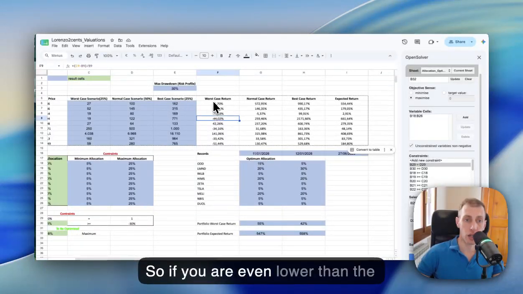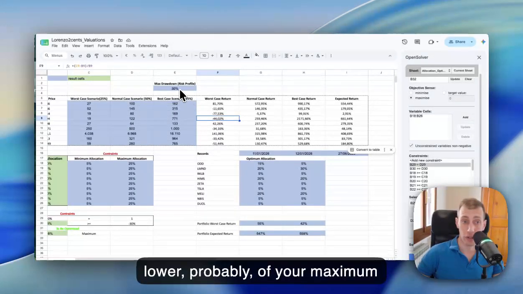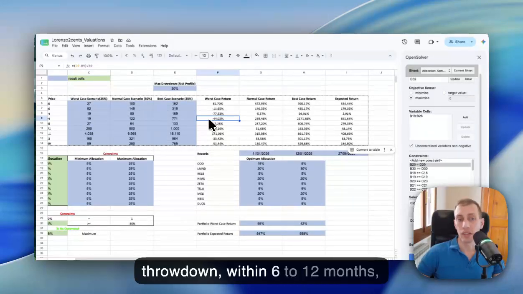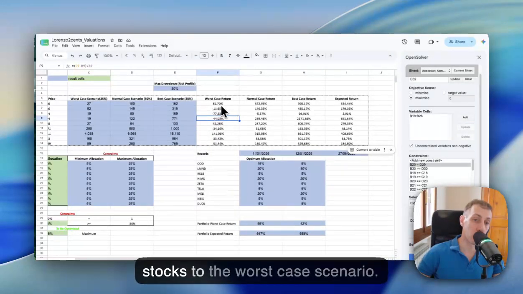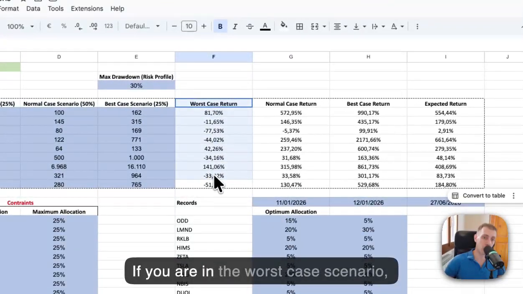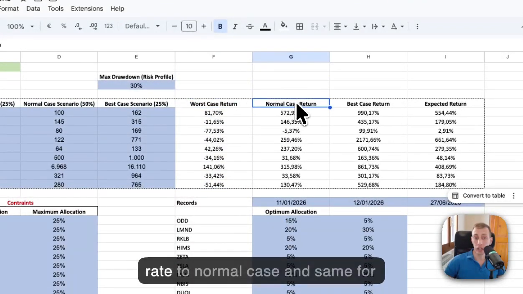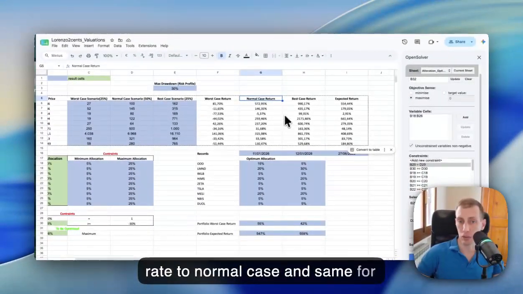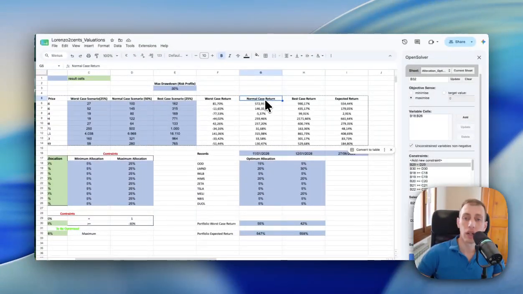So if you are even lower than the worst case, and that means even lower than your maximum drawdown, within 6 to 12 months, probably the market is going to re-rate your stocks to a worst case scenario. If you are in the worst case scenario, probably 6 to 12 months is going to re-rate to normal case, and same for best case. Of course, best case could never happen, but at least to normal case.